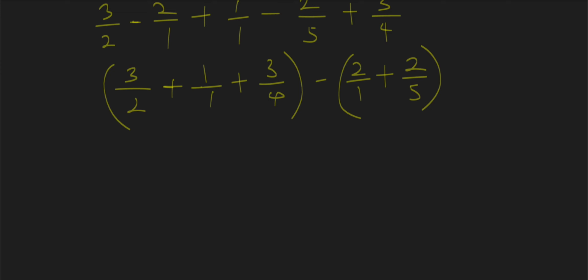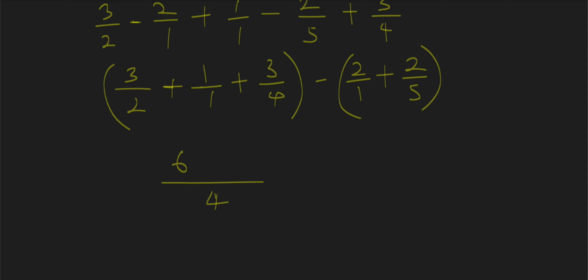So what's the LCM, the lowest common denominator of 2, 1, and 4? The lowest common denominator is 4. So the LCM here is 4. So 2 can go into 4 two times, 2 times 3 is 6.